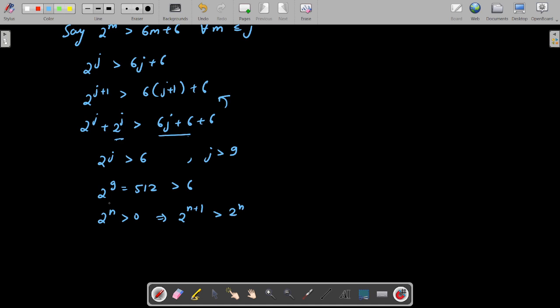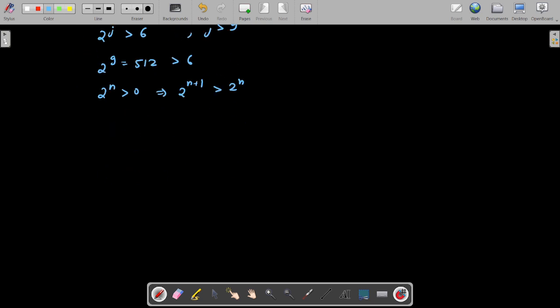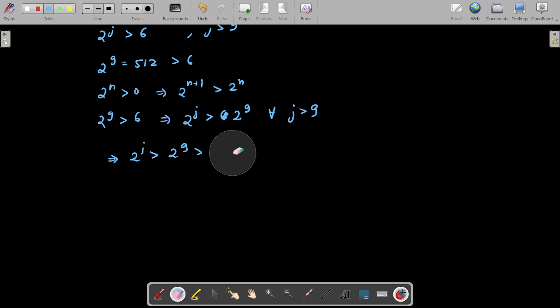So essentially, since 2 to the power n plus 1 is greater than 2n, we can say that since 2 to the power 9 is greater than 6, this implies that 2 to the power j is greater than 2 to the power 9 for all j greater than 9, which further implies that 2 to the power j is greater than 2 to the power 9, which is greater than 6 for all j greater than 9.